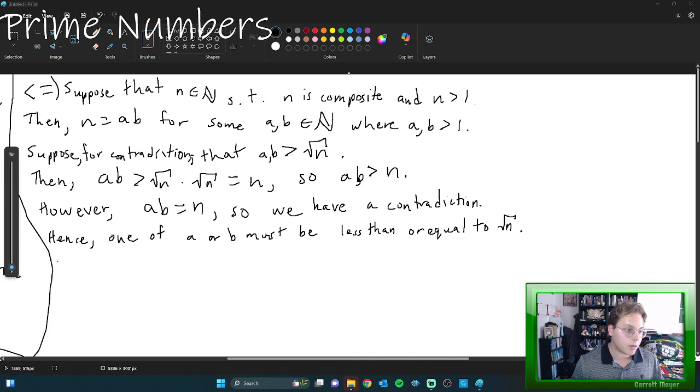So without loss of generality, we're just going to say that a is less than or equal to the square root of n. You could do the same logic if it was the case with b, so we're just doing it without loss of generality here. a is less than or equal to the square root of n.